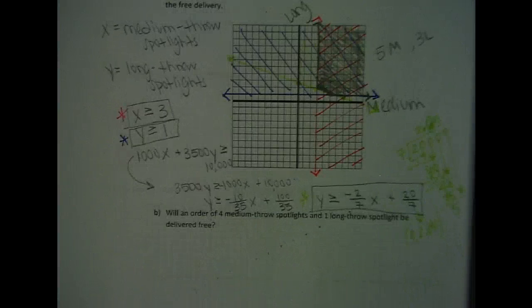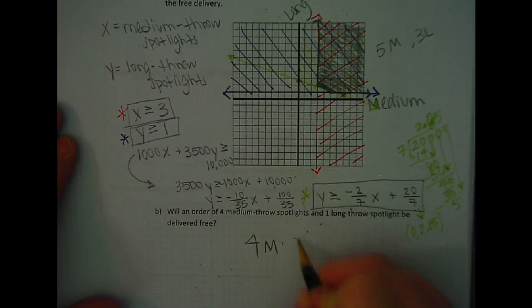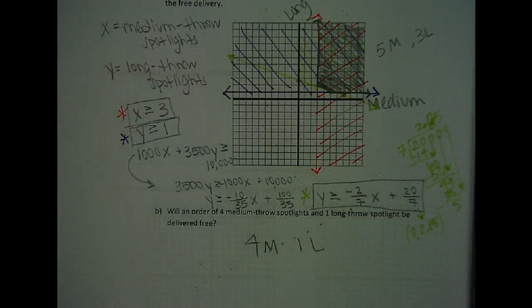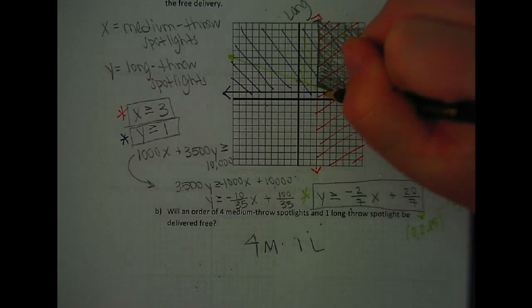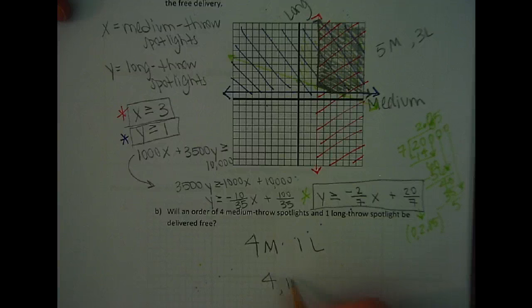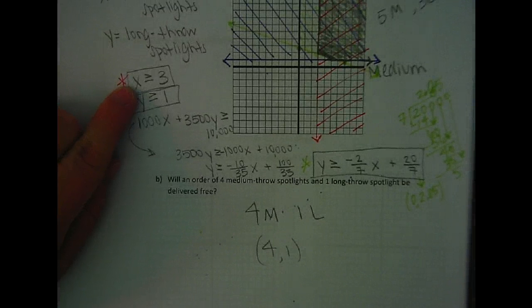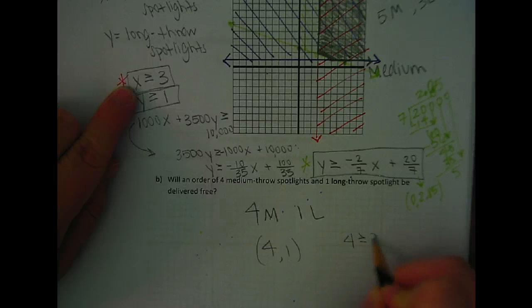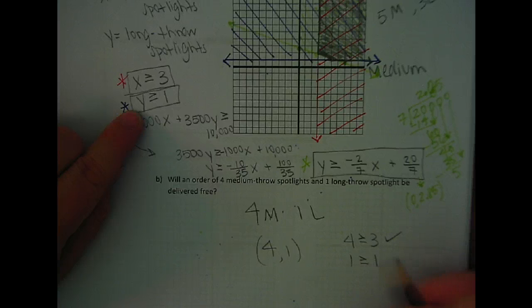So if we go down to the last question here, will an order of 4 mediums and 1 long be delivered free? 4 mediums, 1 long. I don't believe that that point is in the shaded region, but let's check. Let's check the point 4, 1. The first one said x is greater than or equal to 3. Is 4 greater than or equal to 3? Absolutely. Is 1 greater than or equal to 1?